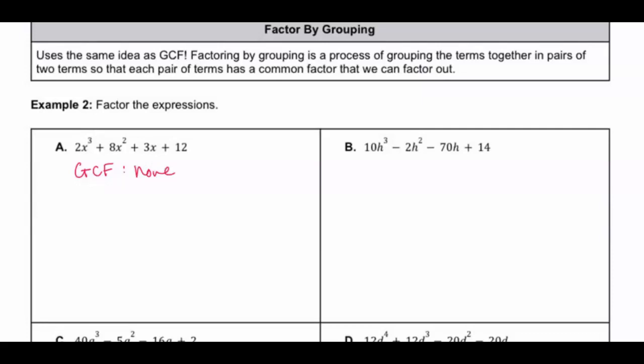So I'll just do it like normal, which is to say I'm going to draw parentheses around my first two terms. And you'll say, okay, what's the GCF of just the 2 and the 8 now? Because I'm only looking at what's in the parentheses. Well, it's a 2. And they both have an x, so I can pull out 2x squared from both of them.